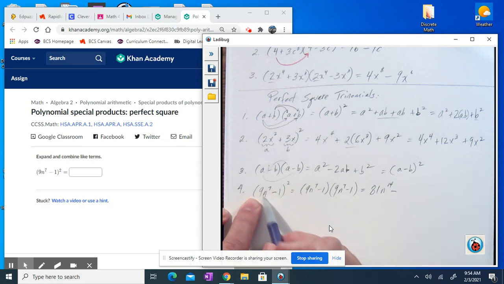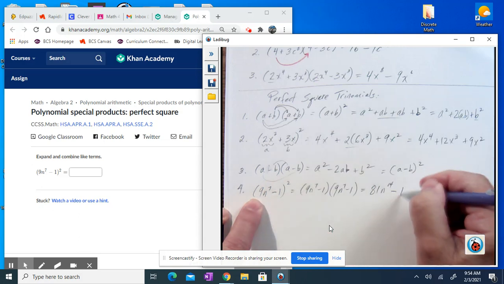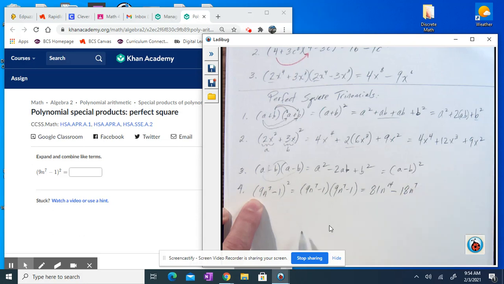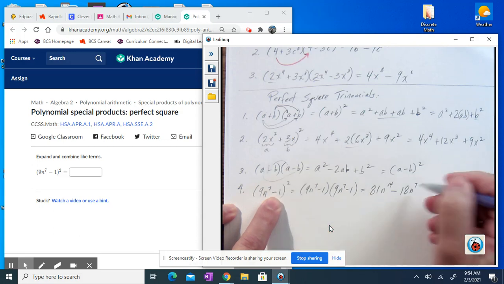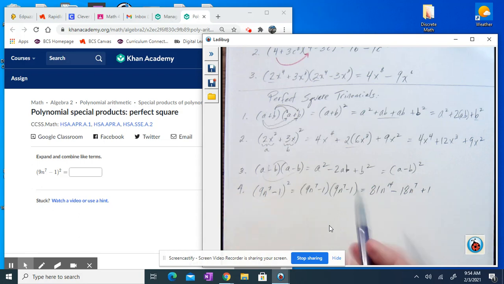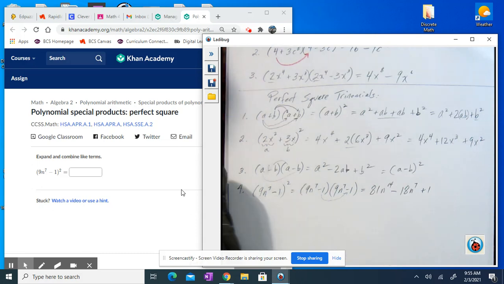To figure out minus what, you just multiply these two together, which is 9 to the 7th, because 9 to the 7th times 1 is just 9 to the 7th, and then double that, so that's 18 to the 7th. And then the 1, which is 1 times 1, which is 1. And it's plus 1. As you can see, if you multiply it right here, you would get positive 1. All right, so let me type that in.